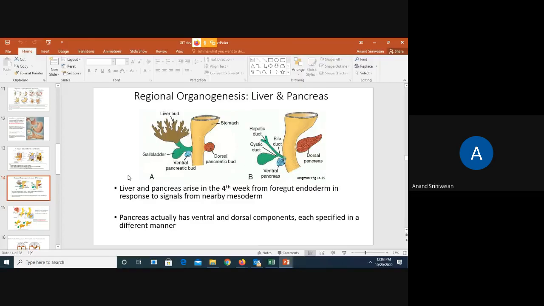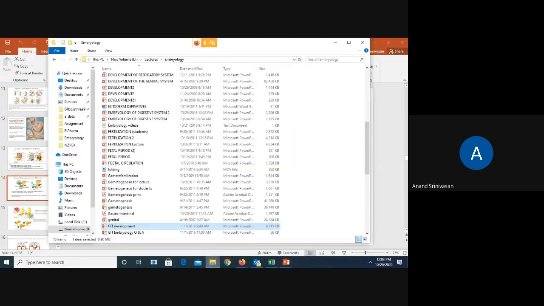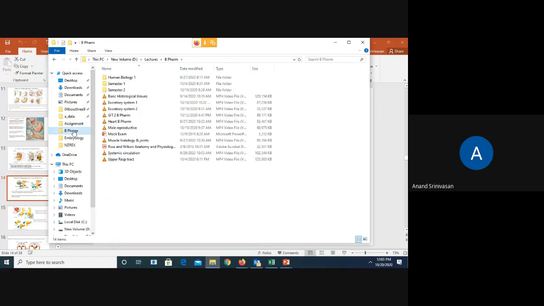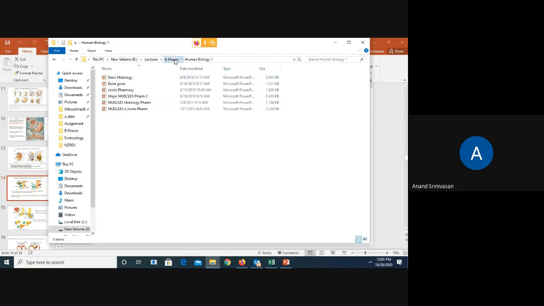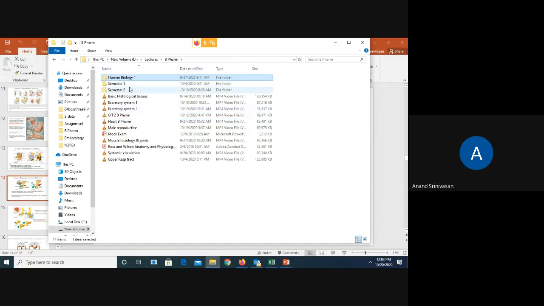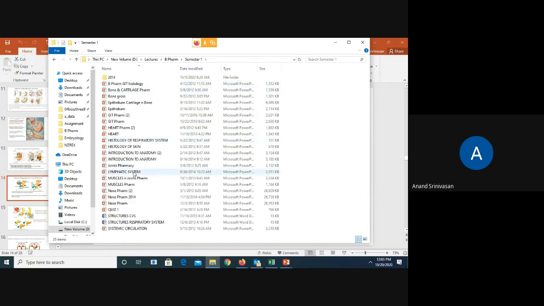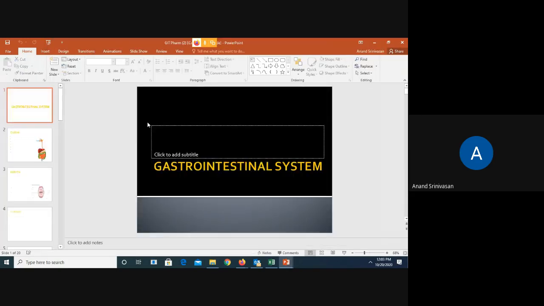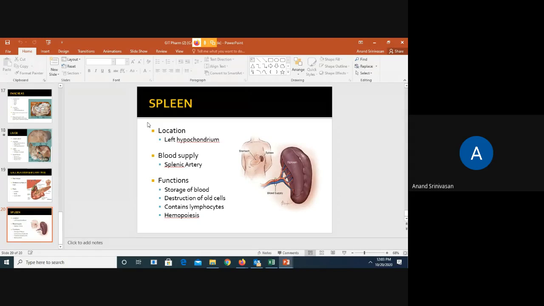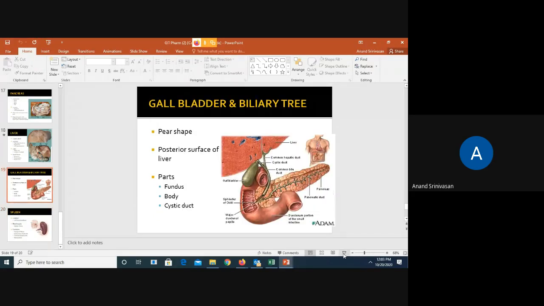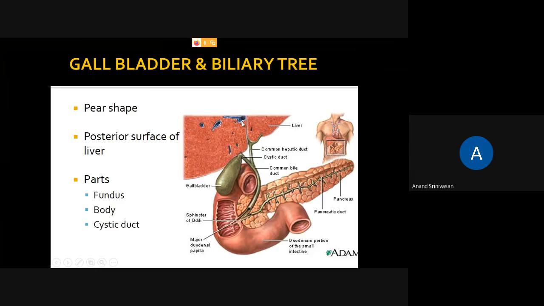Let me try to find something from the lecture. This is actually the pharmacy lecture, because you have not finished the liver and GIT. I am just teaching you this one.